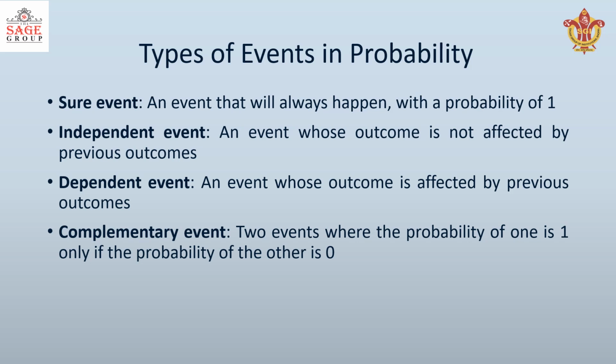I could get either a head or a tail. So, I can get a head only if the tail event doesn't occur at all. So, the probability of tail is 0. Only then can the probability of the head be 1.